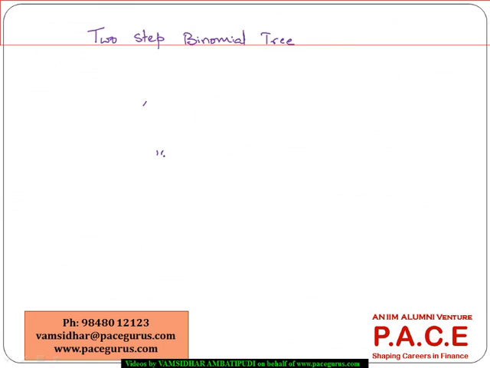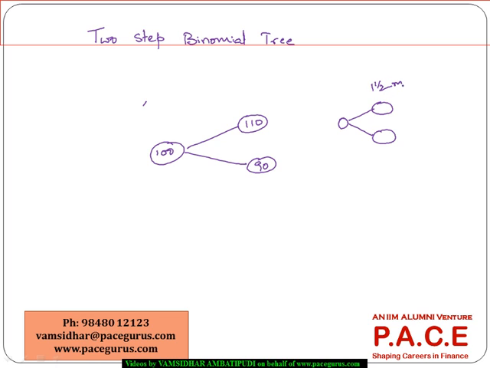Instead of treating 100 here and saying after 3 months it can become either 110 or 90, I am bringing in a slightly different perspective by bringing in one intermediate layer. After 1.5 months it can go either to 105 or 95, and from here again it can go, let's say, to 110.25, something like this, or it can come back.